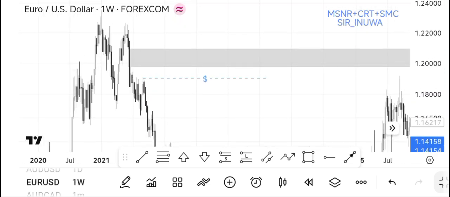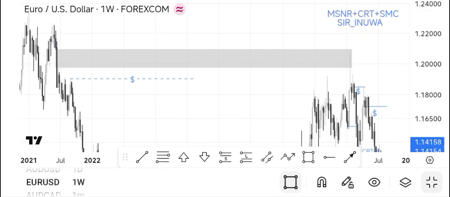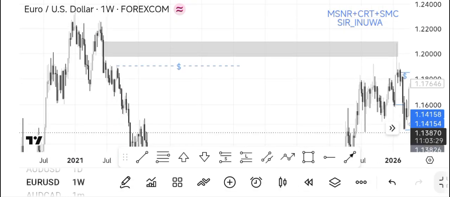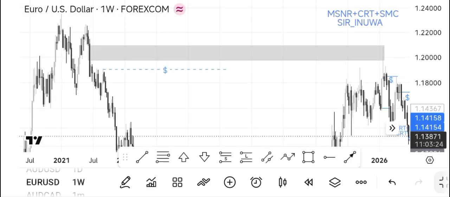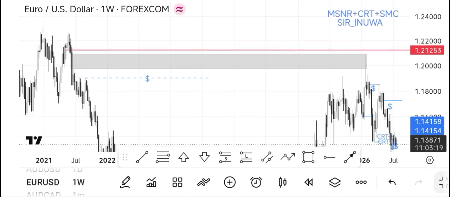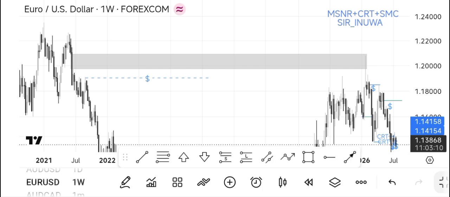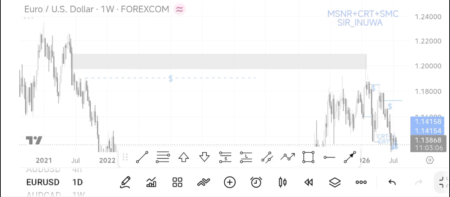As you are seeing, this fair value gap is where the market reacted. So liquidity will be near the order block. The order block is down here, right here. So I'm expecting the market to trigger this and fulfill this imbalance here, the fair value gap on this short. So why did I say this short? I have a full confirmation.